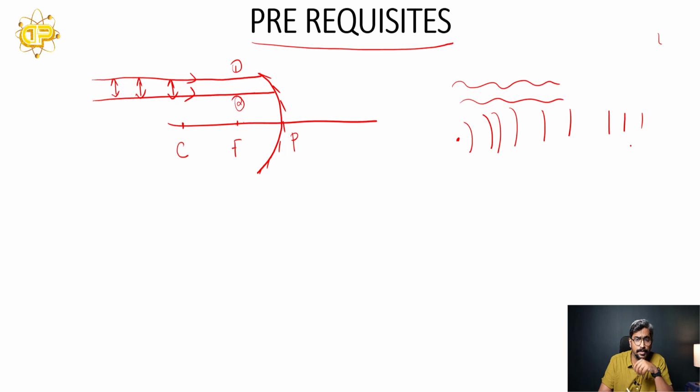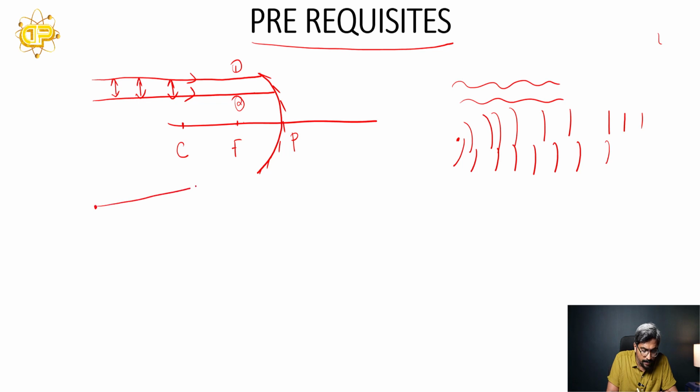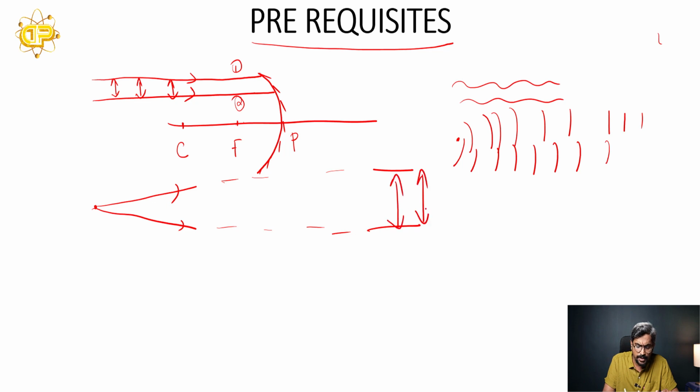If two wavefronts are there, they will be parallel to each other. This is one of the prerequisites. Once again, if two rays are coming from a single point, even though they are diverging, on reaching infinity they will definitely be parallel to each other.